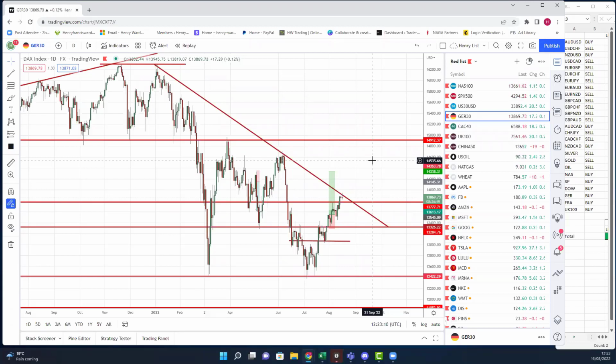Yes, Mark. Absolutely. So the energy cost is affecting Europe massively. Just to give you a stat, if you take the 5-year average of natural gas, the energy prices on average now are 5 times higher than the average over 5 years.